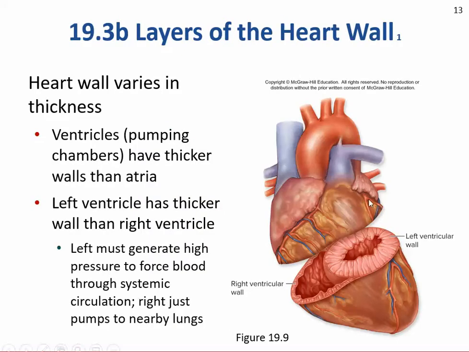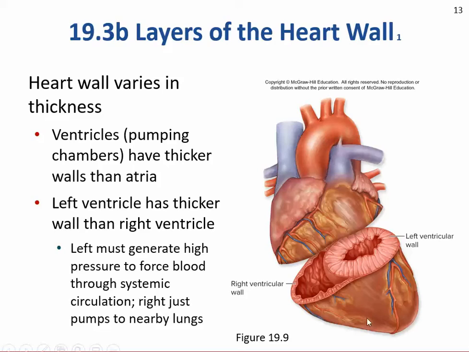Now, we've already established that the left side pumps the systemic circuit. The distance between your heart and your toes and your fingertips is quite a ways. A lot of blood has to be moved a long way against resistance, so it takes a fair amount of pressure.